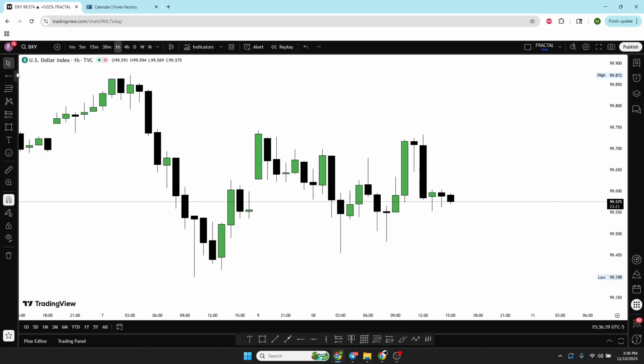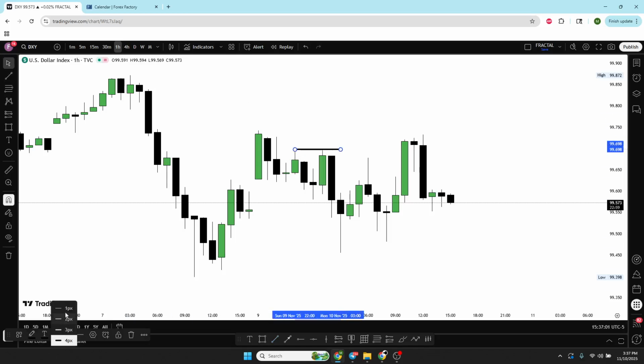First step would be for price to run above an intraday swing high on the hourly chart, which we're on right now. So as you see, 1 a.m. is the hour before the London session. So it traded above a swing high.